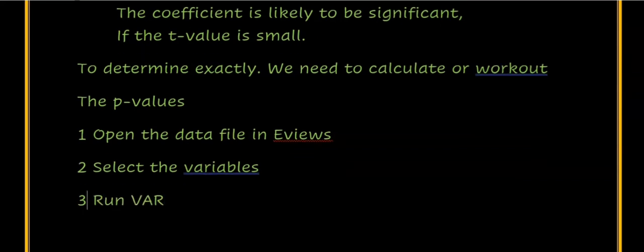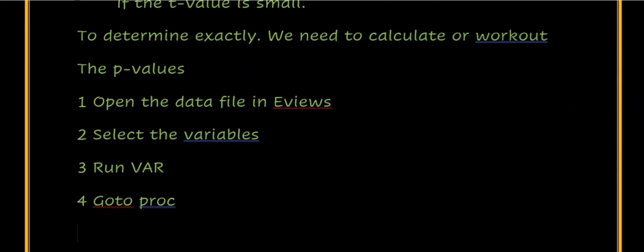So it's simple up to this point, right? After this, we go to Proc. You see this, it's there in the same VAR output window. So we go to Proc, and then we go to Make System.